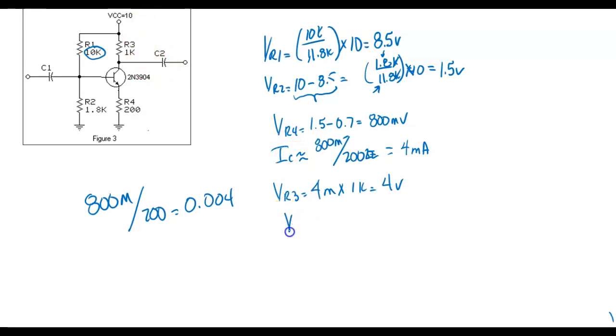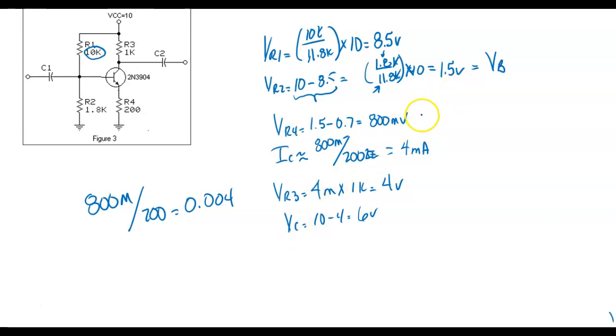So VC would be equal to 10 minus 4, which gives us 6. Are we okay? VR2 would be equal to what? That would be VD, and VC.